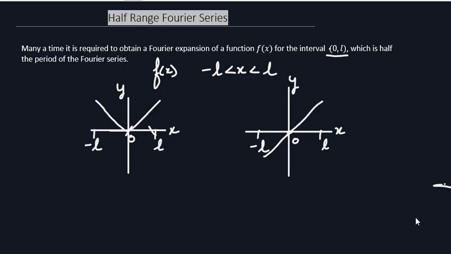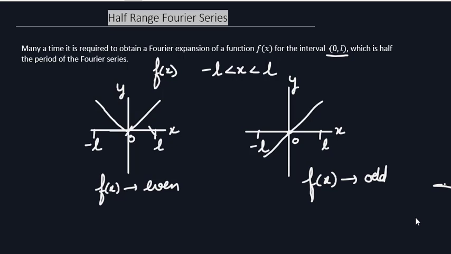In case it becomes symmetrical about the y-axis, then this function will be called an even function. And in case its extension is symmetrical about the origin, then we say the function is an odd function.